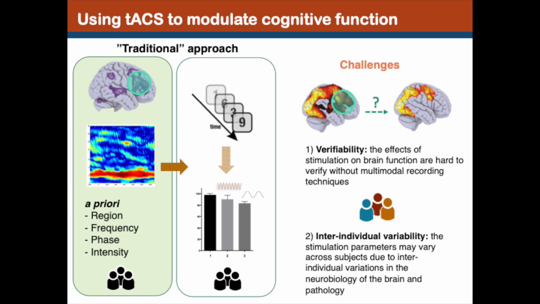If you think about frequencies and you've recorded EEG, we know that people vary in their resonance frequency for a particular task. And this becomes even worse if you want to apply it to patients, where the individual variability might be even bigger. Okay, so how have we been trying to tackle these two challenges?